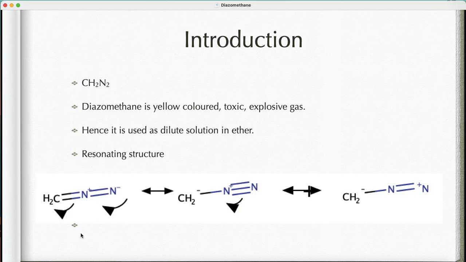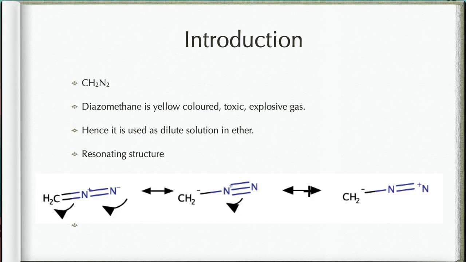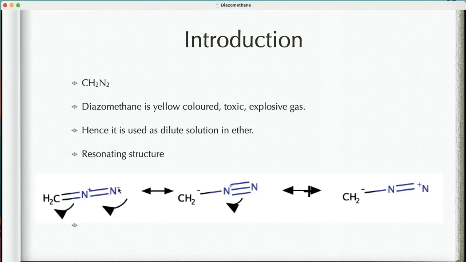This is the first canonical form of diazomethane: CH2 double bond N, with a positive charge, double bond N, with a negative charge. Another resonating structure is prepared when this negative charge makes a triple bond here. This double bond breaks into a single bond and this carbon carries the negative charge.